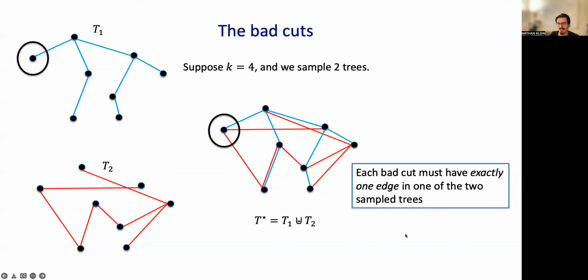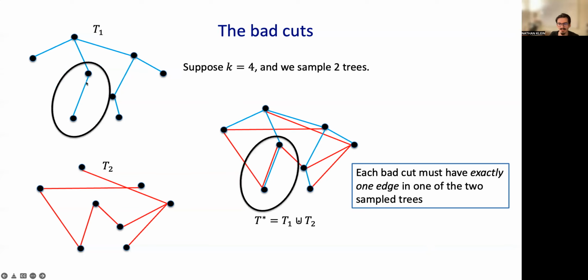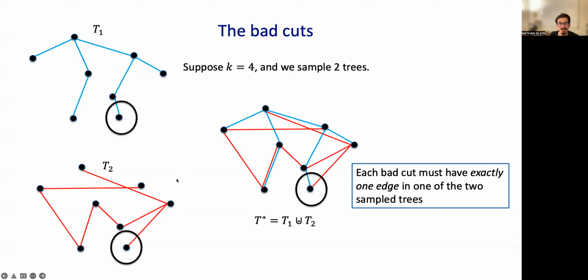So this cut might get mad at this tree, and maybe in particular this edge: why are you the only edge across this cut in this tree? Maybe this cut will get mad at this edge, and maybe this cut here mad at both of these edges.